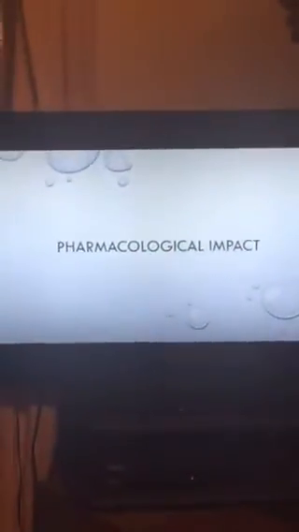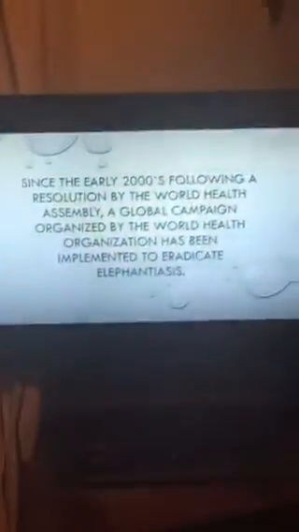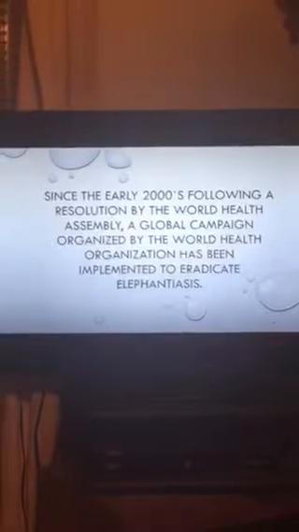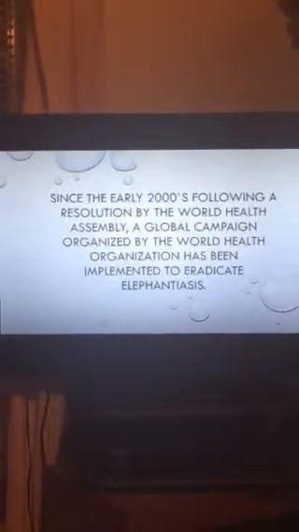Pharmacological impact. Since the early 2000s, following a resolution by the World Health Assembly, a global campaign has been initiated by the World Health Organization to eradicate elephantiasis.